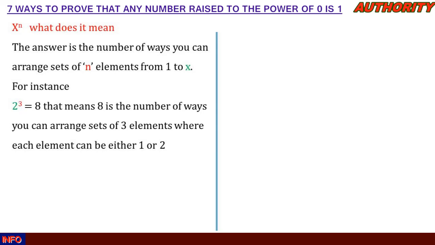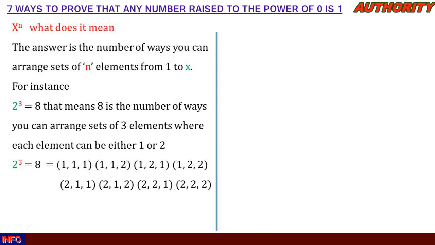We're going to form sets of 3 elements, of which each element is either 1 or 2. The first set, we're going to have 1, 1, 1. The second set, 1, 1, 2. The third set, 1, 2, 1. The fourth one, 1, 2, 2.